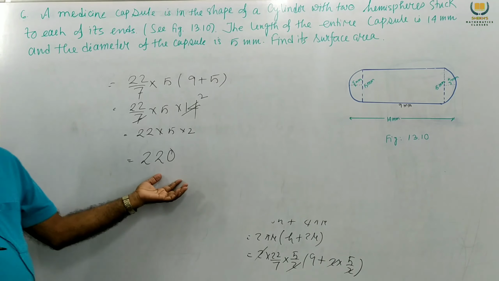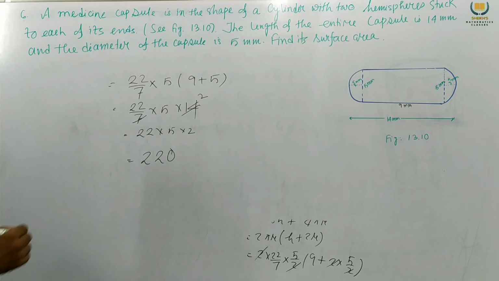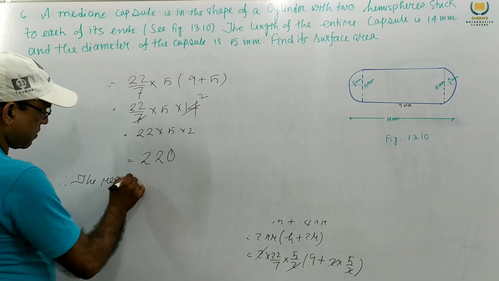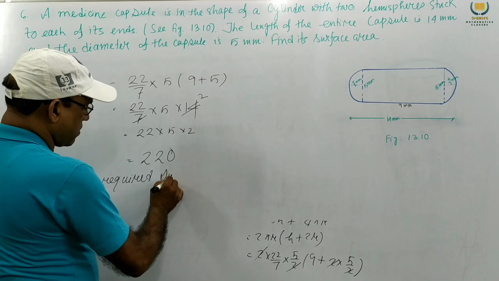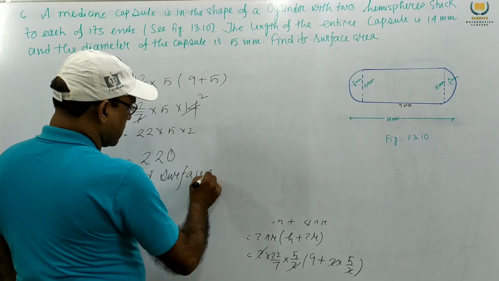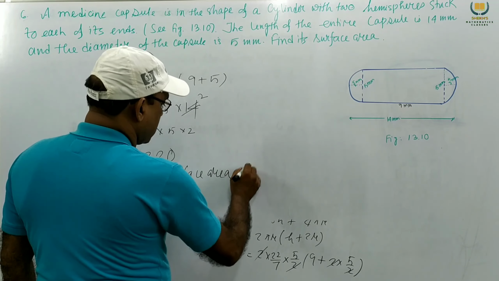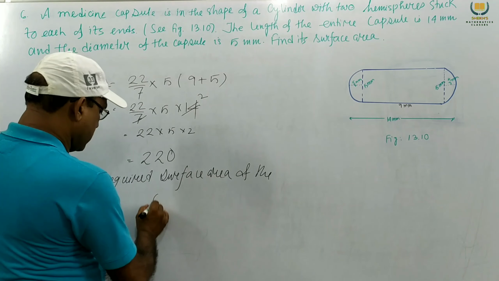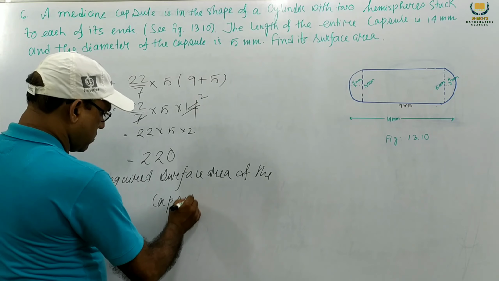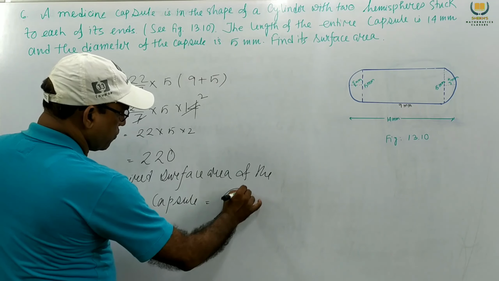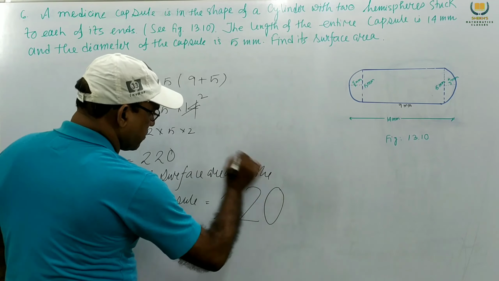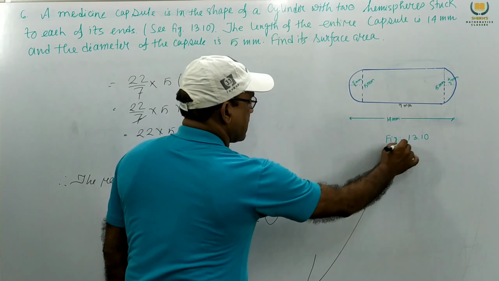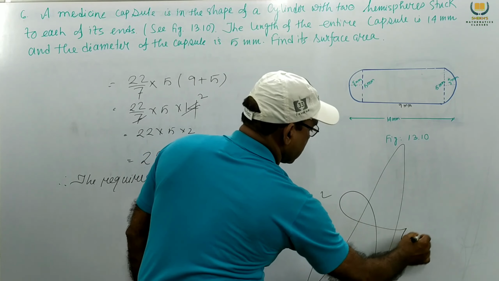So this is the total surface area. Therefore the required surface area of the capsule equal to 220 millimeter square, and this is our final answer.